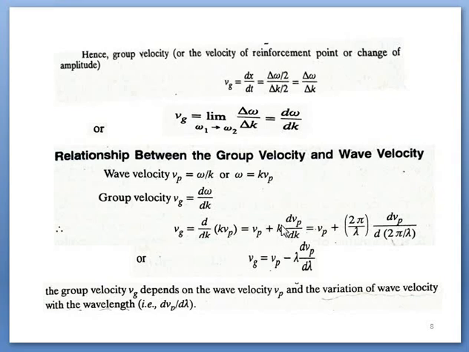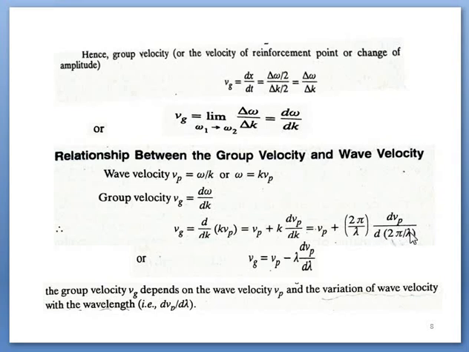Again, we know that k is the propagation constant. By substituting the value of k here and here, 2 pi will be cancelled, and we have plus 1 by lambda here, and dVp upon d of 1 by lambda.